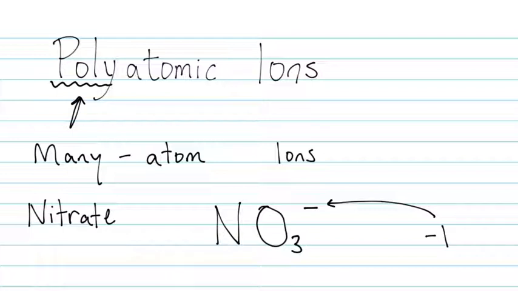Let's look at one that has a -2 charge on it. Let's look at carbonate. Go over to the right-hand side. There are some more ions over there. There's one called carbonate, and it's CO3.